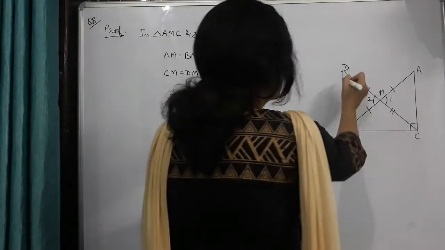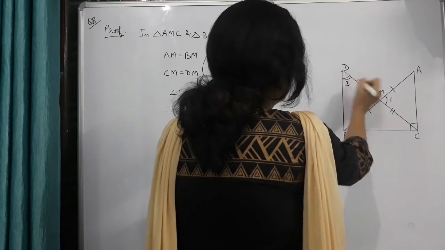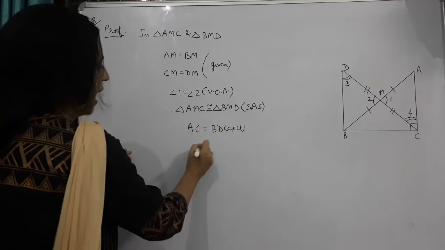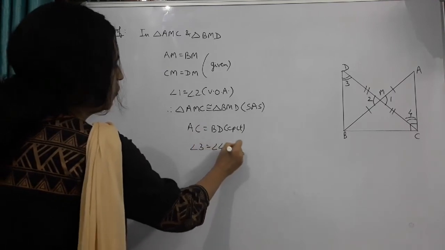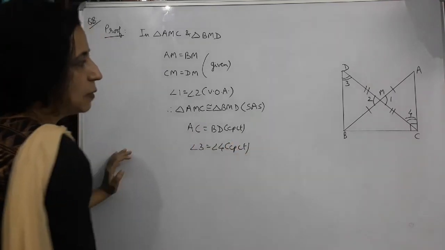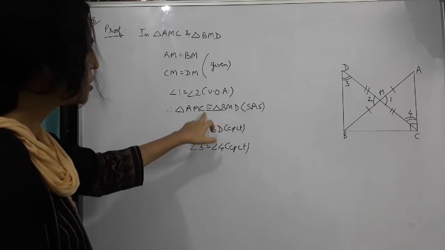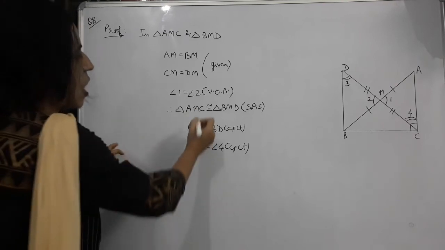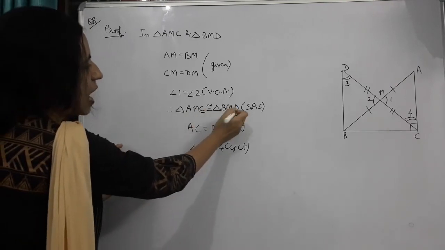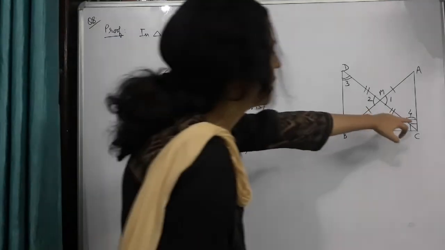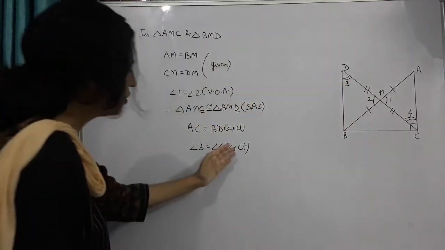And we can also say that angle 3 is equal to angle 4. This is what we obtain by CPCT. Since the triangles are congruent, corresponding parts of the congruent triangles are equal. Angle C would be equal to angle D, or angle 4 would be equal to angle 3.